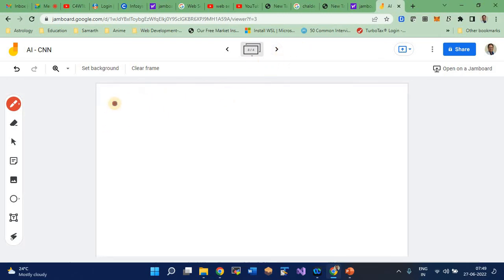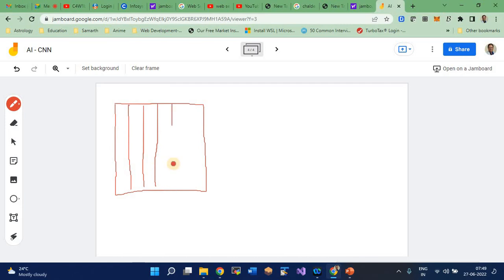Now here is 6x6, 1 2 3 4 5 6, 1 2 3 4 5 and 6.